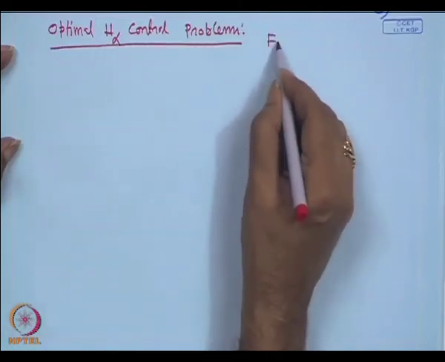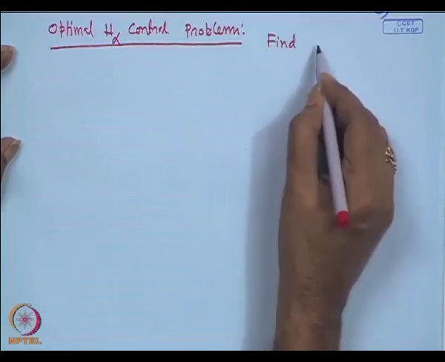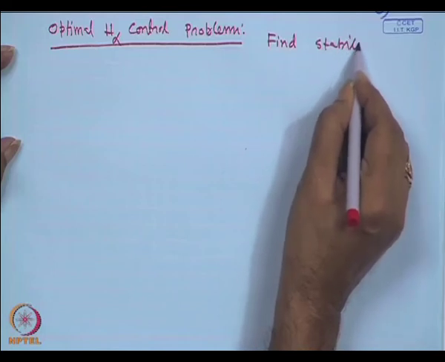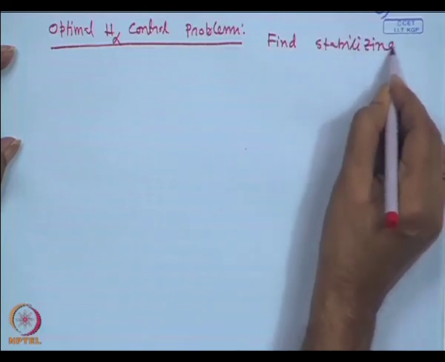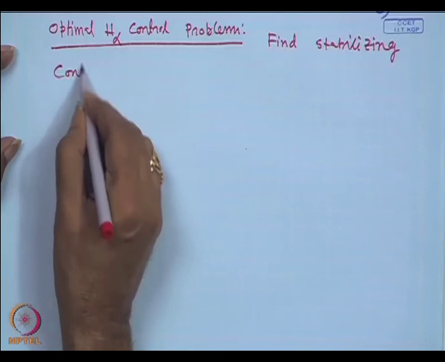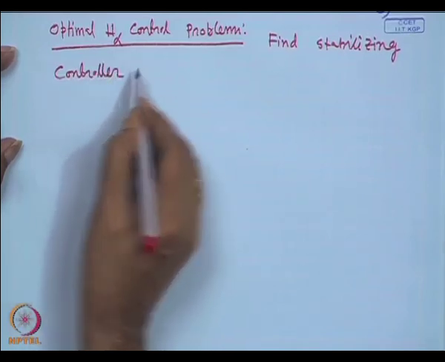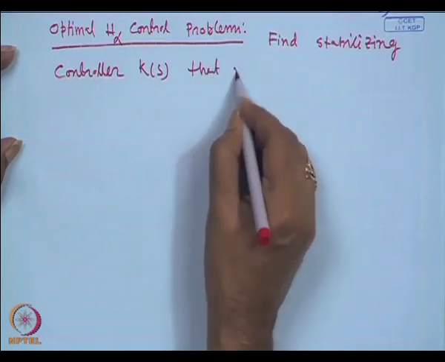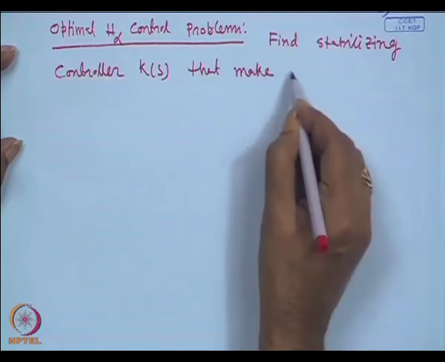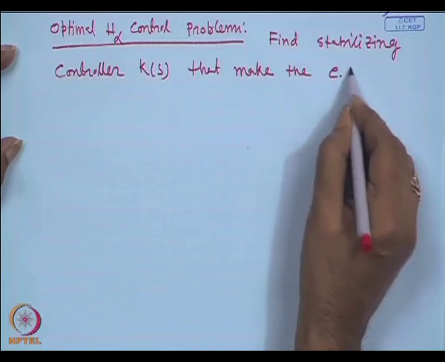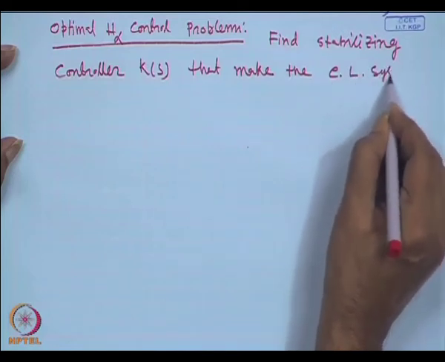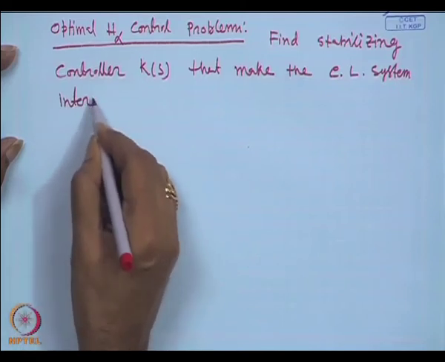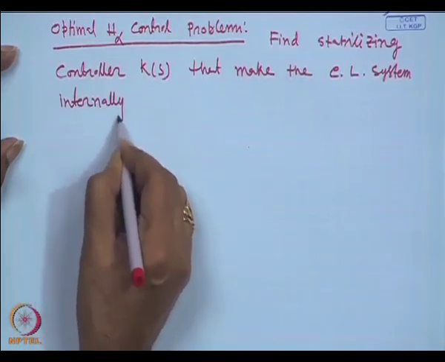The problem statement is: find a stabilizing controller K of S that makes the closed loop system internally stable.